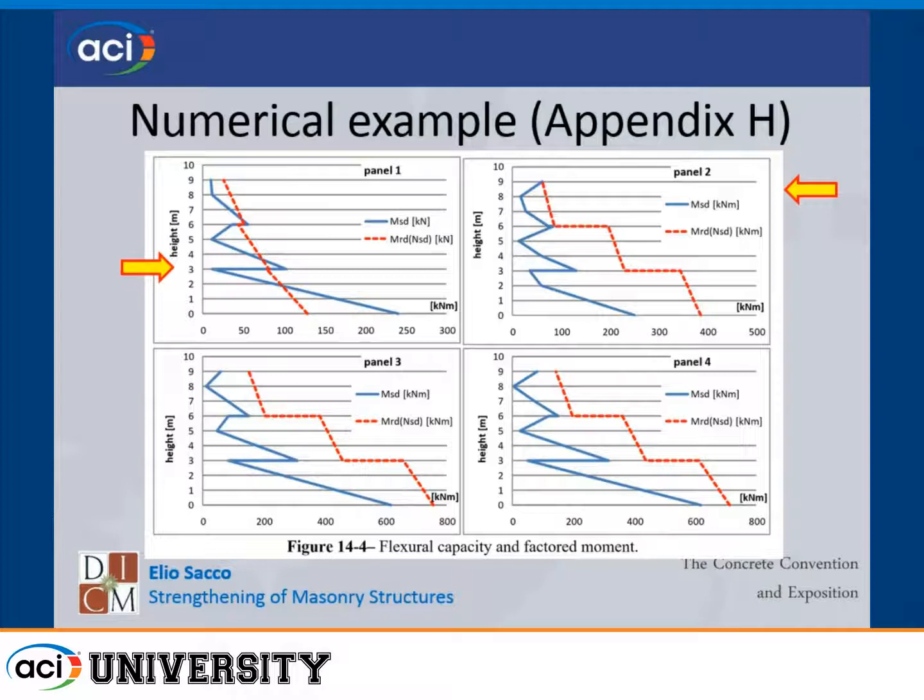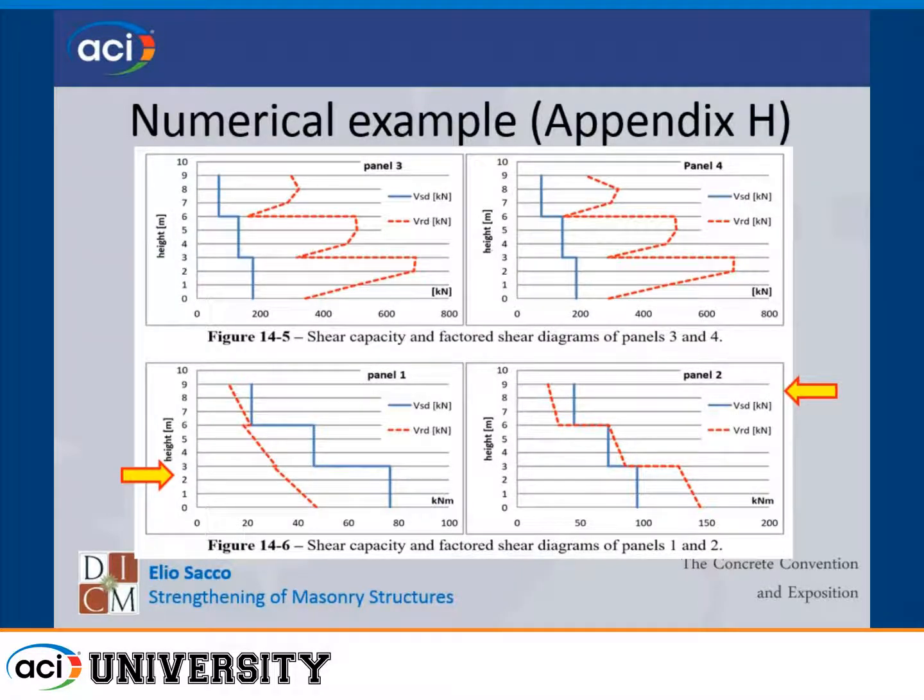And analogously, this is pier number 1 and this is pier number 2. Analogously here, the bending moment required is greater than the resistant bending moment. On the contrary, for panels 3 and 4, everything is okay. Here, the shear capacity, and for panels 3 and 4, no problem.